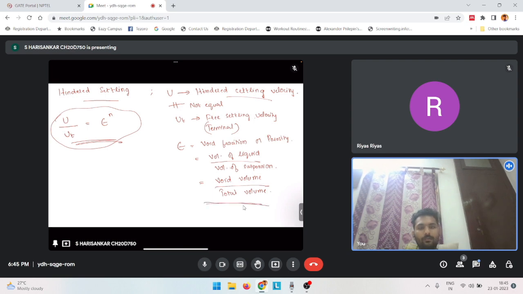So this is epsilon. Then this n is actually a constant, and this constant can have different values based on which regime the settling happens.